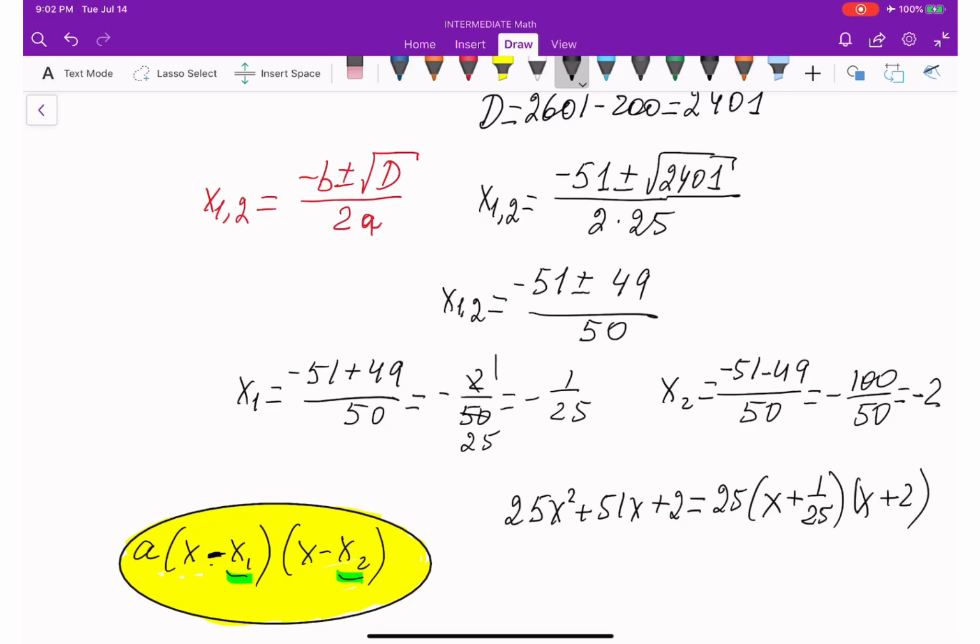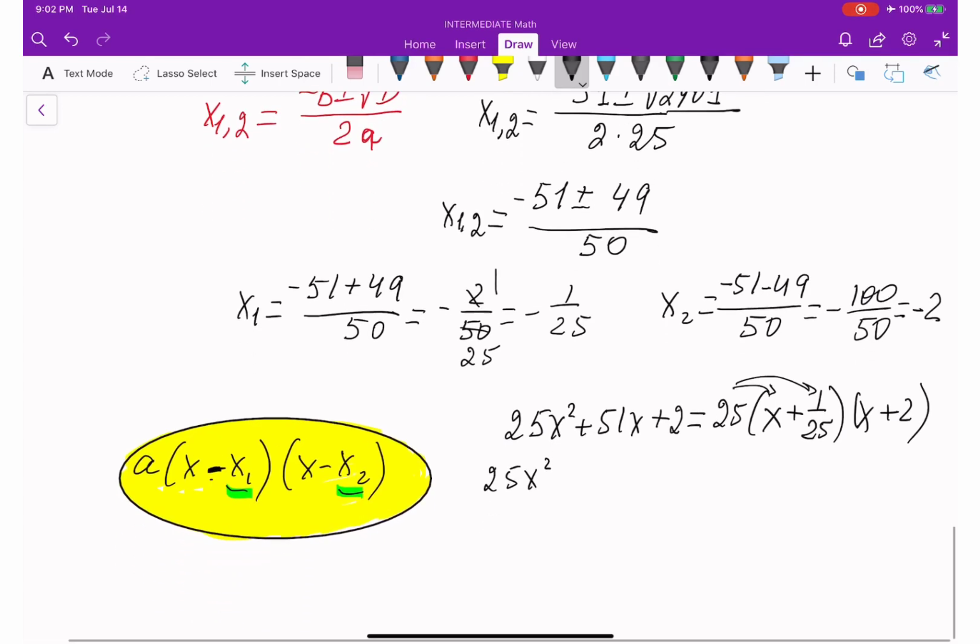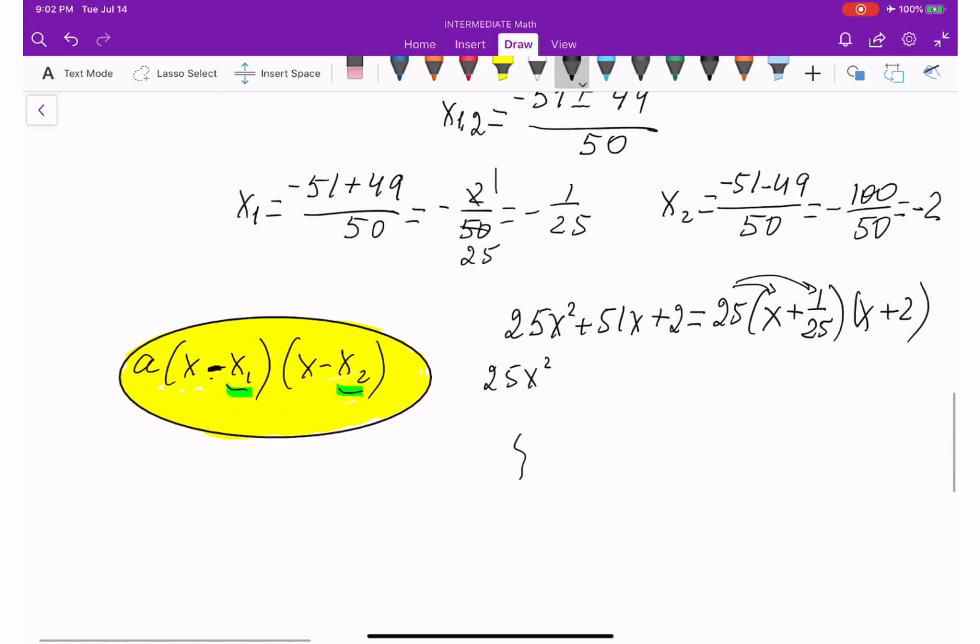And I'm going to distribute this 25 to these parentheses, and that will be equal. So 25x squared plus 51x plus 2 is equal to 25x plus 1, because when 25 is multiplied by 1 over 25, you get 1, and x plus 2.